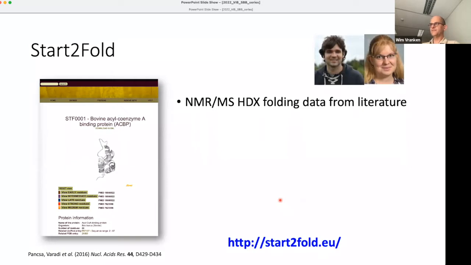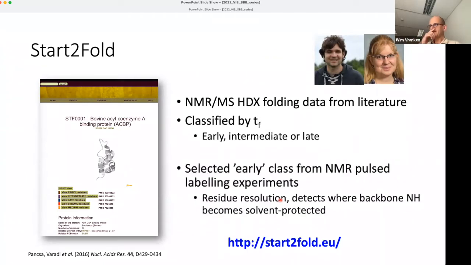This was with Michi and Rita here down the corridor, using NMR and mass spec hydrogen deuterium exchange folding data from literature. Rita especially went through the literature to pull out all the information. We classified it and then selected an early class from NMR post-labeling experiments. So basically, these are residues where, if you have a protein that folds, you unfold it, you restart the folding, and this is where the folding really starts.